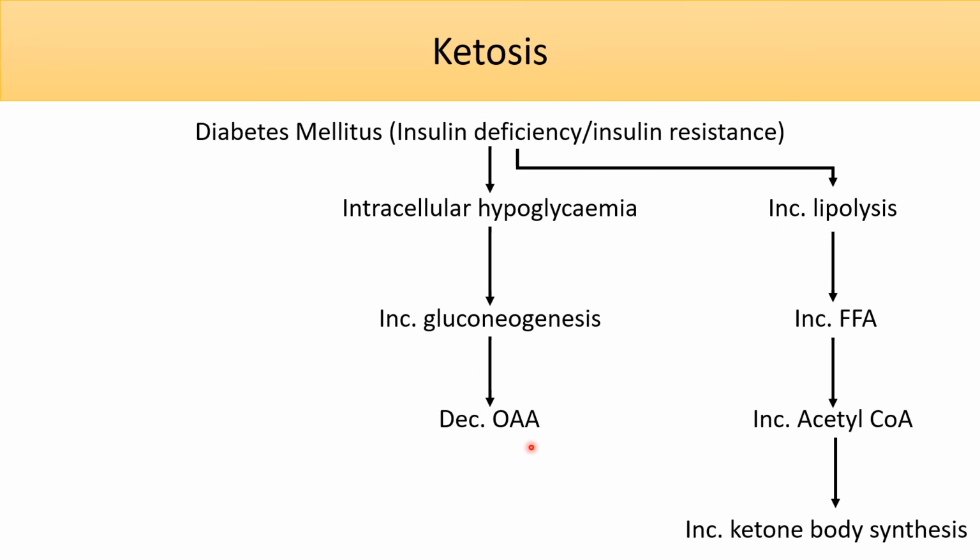Normally you need oxaloacetate to combine with acetyl-CoA to enter the TCA cycle. Now oxaloacetate concentration is very much reduced. So acetyl-CoA cannot combine with oxaloacetate because oxaloacetate is not available. So all the acetyl-CoA will be channeled for ketone body synthesis. Okay. So these are the 2 mechanisms by which ketone body synthesis is increased in diabetic ketoacidosis.